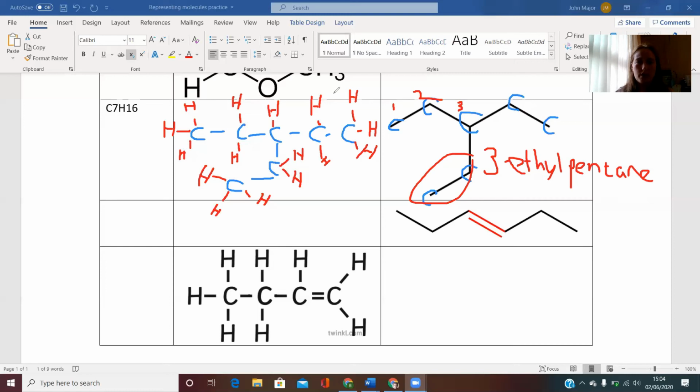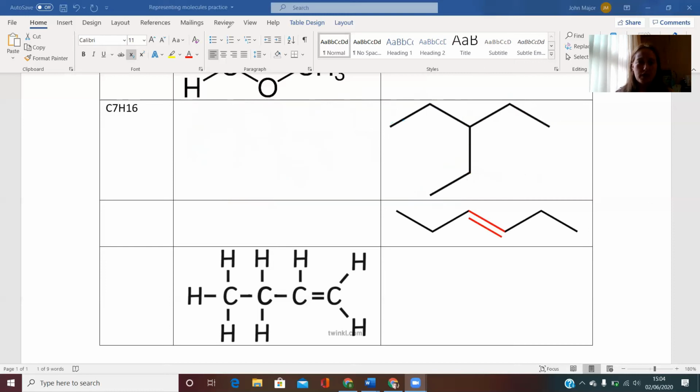All right, and last but not least, we have a 1, 2, 3, 4, 5, 6 carbon chain, all in a row. From the 3rd to the 4th, there's a double bond. Then you just add in your hydrogens.